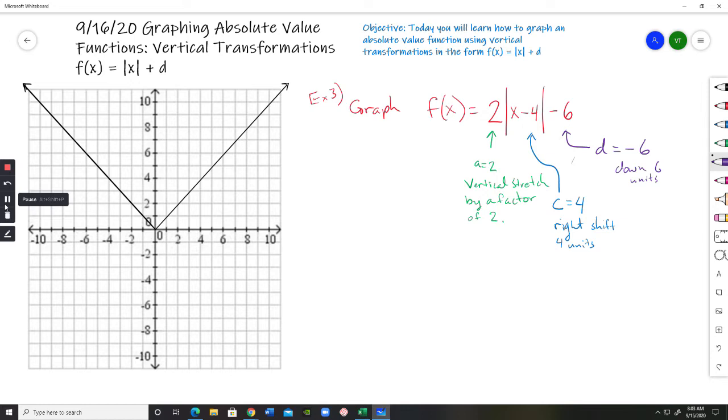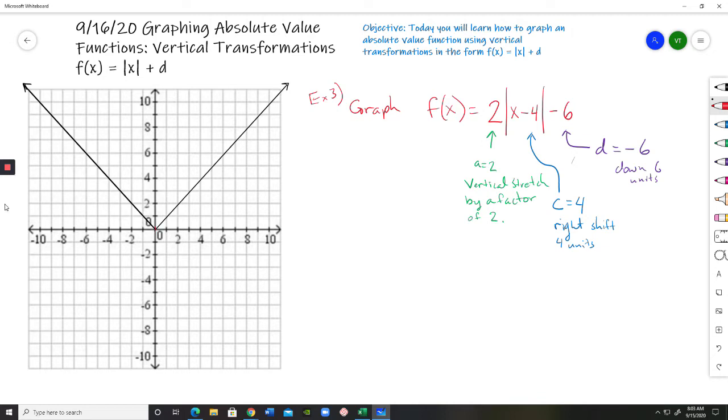So if I have 3 transformations, what order do I go ahead and graph them in? Well, I find that the easiest way to graph them is to move the vertex left, right, up, and down before applying any vertical stretch. So the vertex of the parent function is at 0, 0.